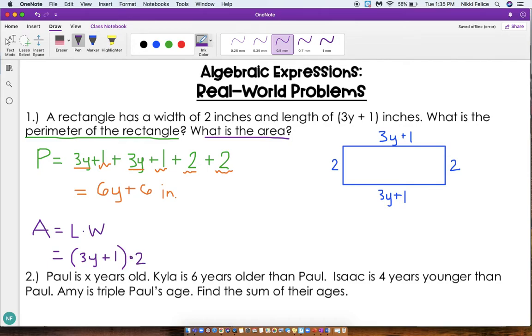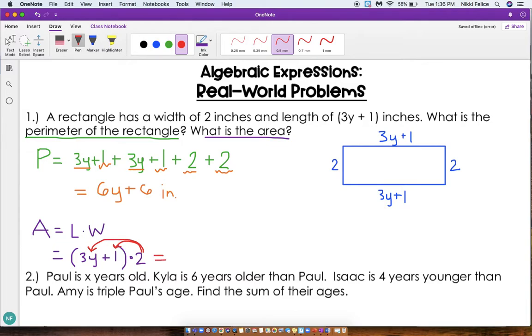Can we multiply these two things? Absolutely! This is a property that we learned about. This is the distributive property. We can take that 2 and multiply it by each term inside the parentheses.